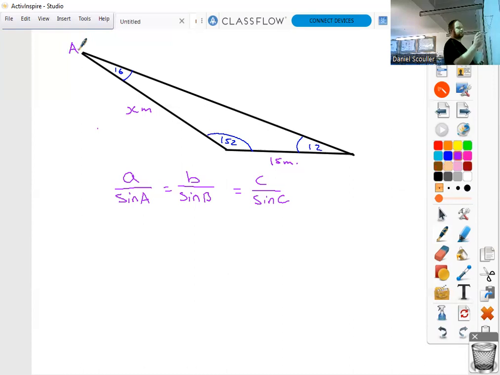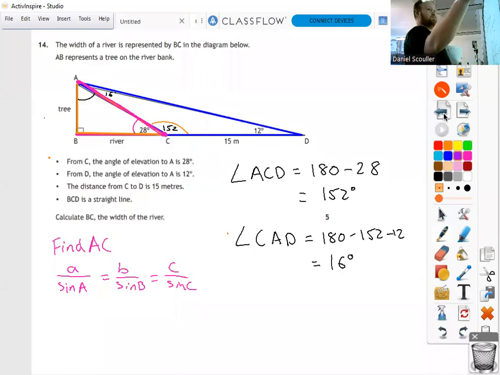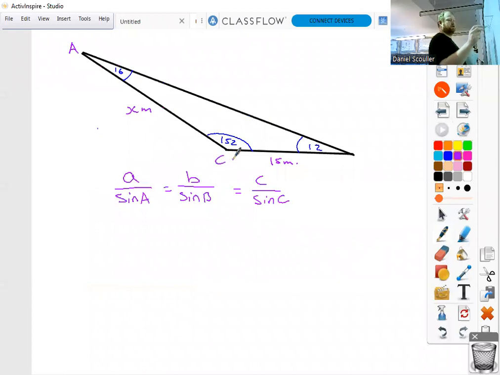That's A, that's C, and that's D. Now that's A, B, C. Again, they're just letters used for variables. That can be any letter, any Greek symbol. It's just a space in which we can put a number.